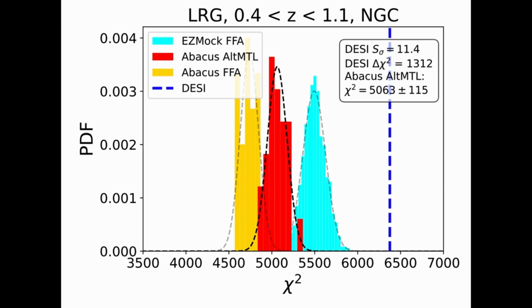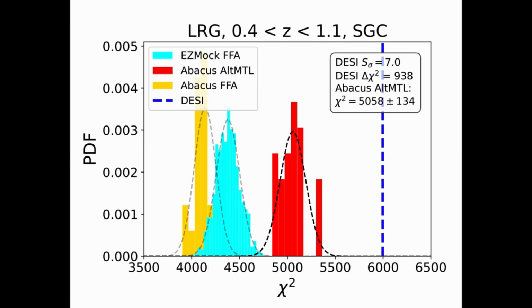It turns out we have 11.4 sigma evidence for parity violation in the North Galactic Cap. The DESI delta chi-squared from the center of the red distribution is 1,312, and the Abacus alt-MTL distribution in red is centered at 5,063 with a width of 115. So 1312 over 115 is about 11.4, and that's how we're getting this DESI significance.